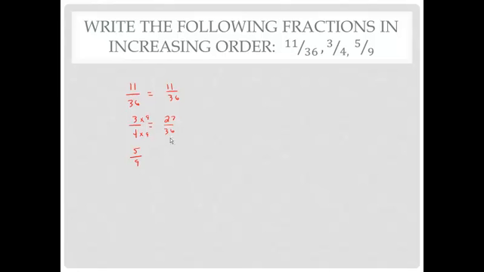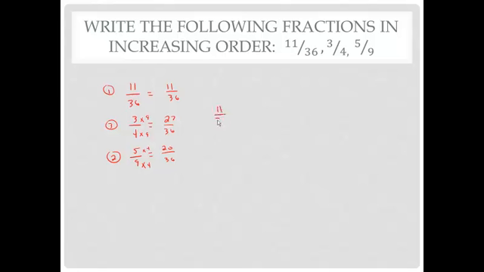And that gives me 27/36. Third fraction, I had to multiply 9 times 4 to get 36, so I have to multiply 5 times 4 to get 20. So now I can see the order of these. That would be first 11/36, and then 20/36 or 5/9 would be second, and then 27/36 or 3/4 would be third.